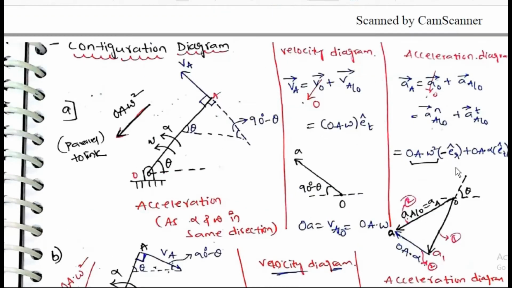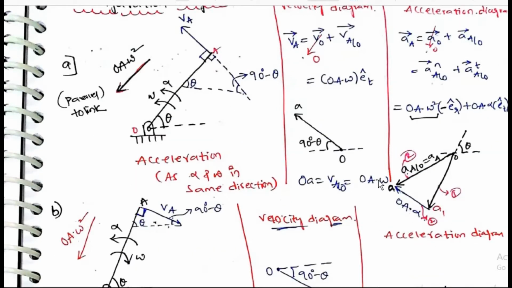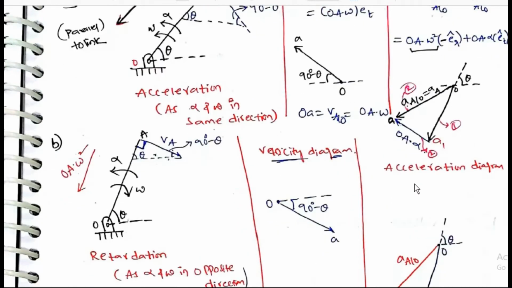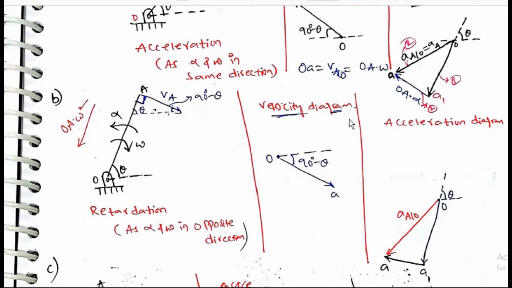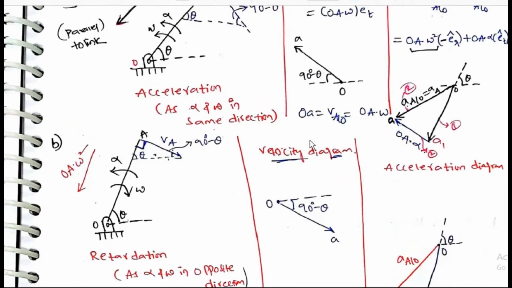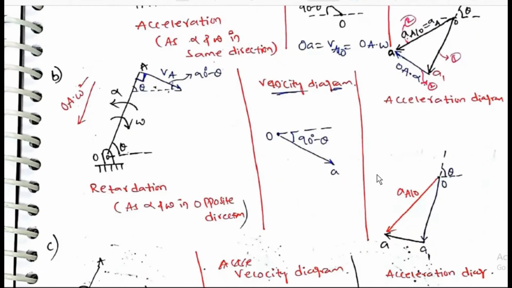From O, this is theta, in that direction inward OA omega square, and perpendicular to it OA alpha. The resultant of these two is A by O over AA. From this we can draw the velocity diagram and acceleration diagram like this.